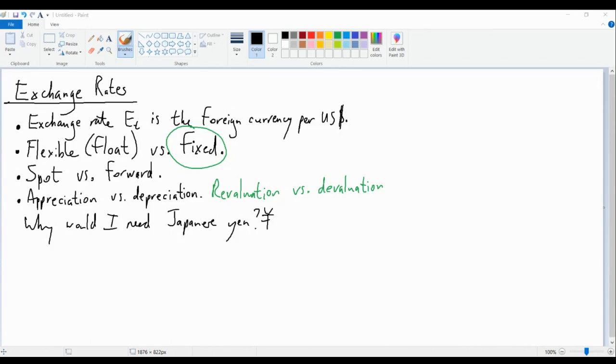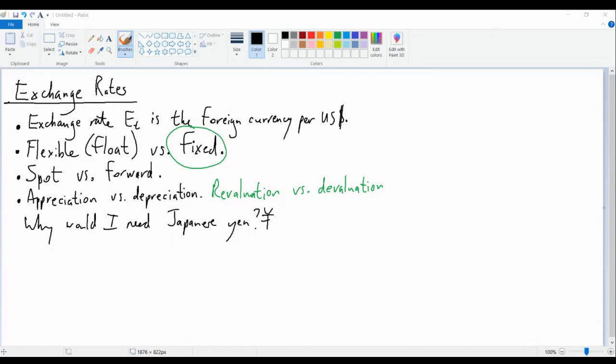So if you're traveling there or going on vacation, the way we tend to think of that is as though you had imported hoteling services or tourism services.